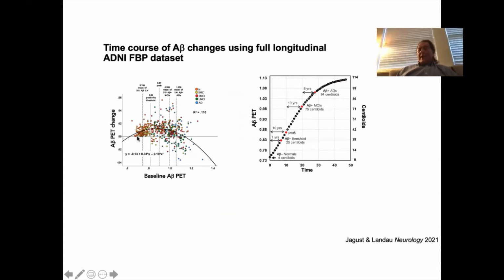The point is that as amyloid accumulates, the rate goes up, and then the rate of amyloid accumulation starts slowing. And the other point is that all of this happens many years before people develop mild cognitive impairment and dementia.